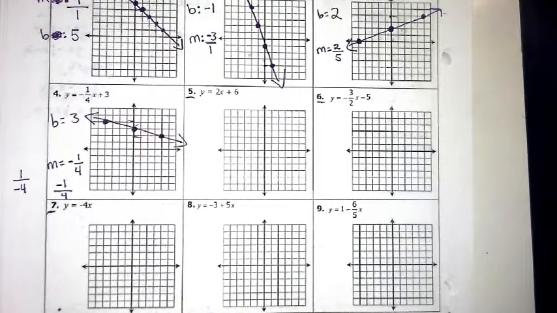So I go to 6, right? So I go up 2 over 1, I'd be off, right? So I work in the opposite. Down 2 over 1. Down 2 over 1. Light bulb.